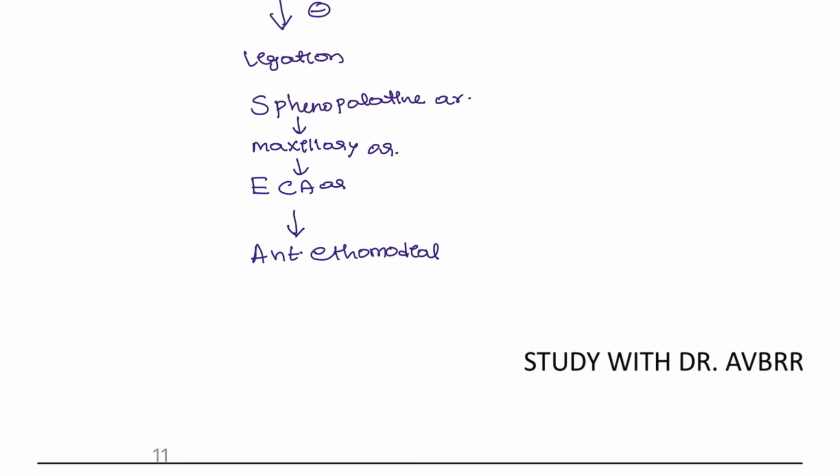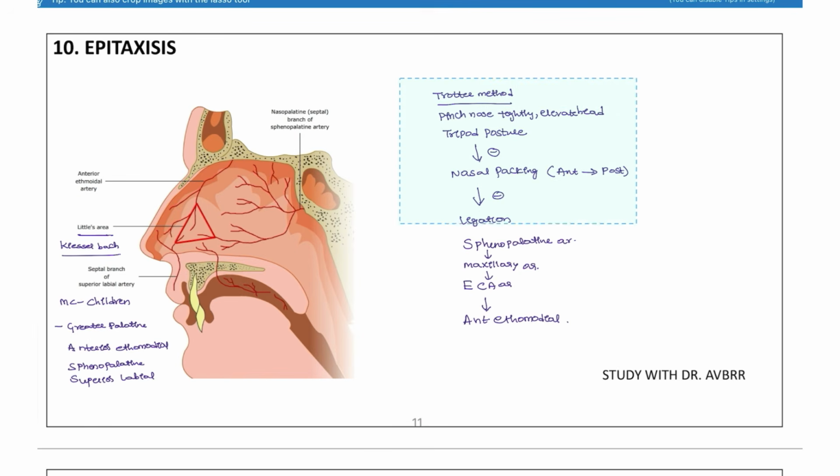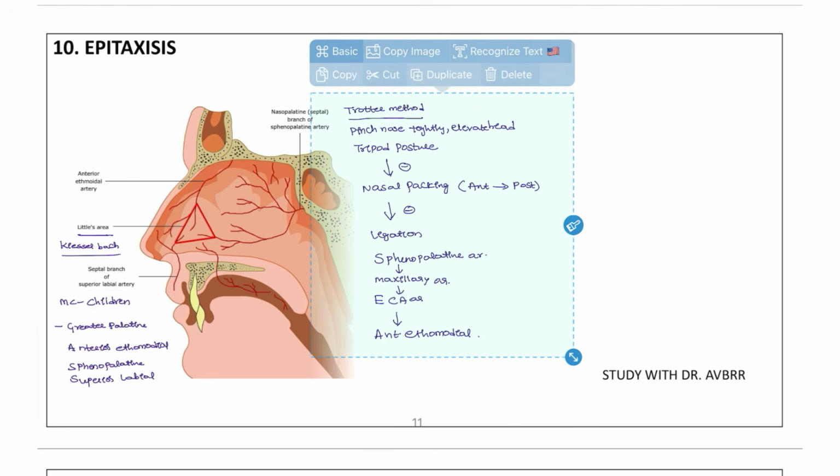If it is still not controlled, go for the anterior ethmoidal artery ligation. This is how we treat patients suffering from epistaxis.